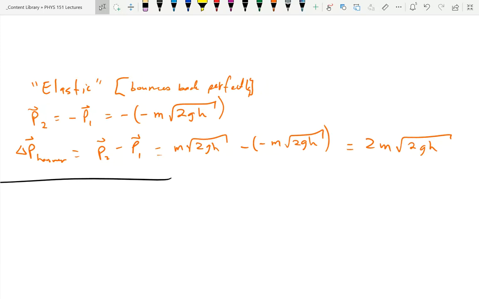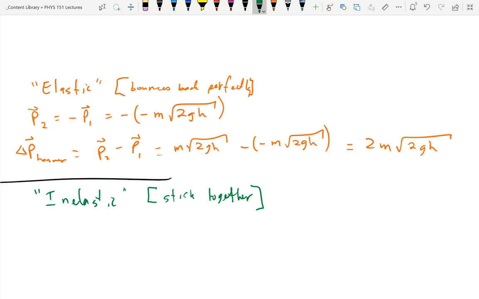So my change in momentum for the hammer was positive 2m square root 2gh for the elastic case. For the inelastic case, well, perfectly inelastic means that they stick together. That's part of today's lecture material, this elastic and inelastic, so I'm going to talk about them some more.